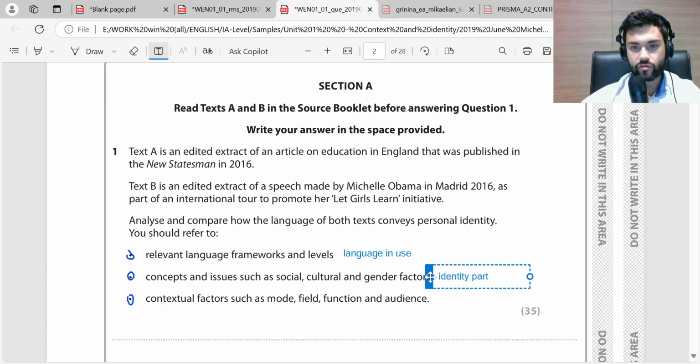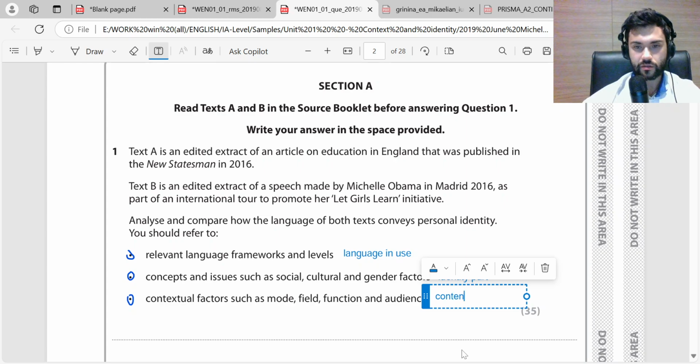So we introduce or evaluate the picture that the speakers want to depict about themselves in their language or by the means of the language. And bullet point number 3 is contextual factors such as mode, field, function, and audience.